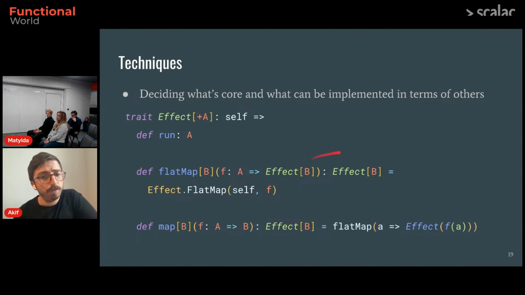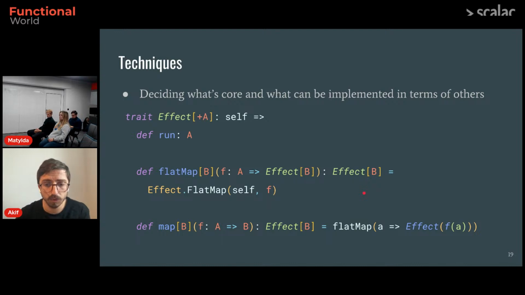But if you are careful, I am not defining map as another case for this effect, because I noticed that I am actually able to implement this map in terms of the functionality I already have. And that's the technique I want to highlight here, is that you need to decide what is the core part of your domain, and what you can already implement in terms of other things that you have.